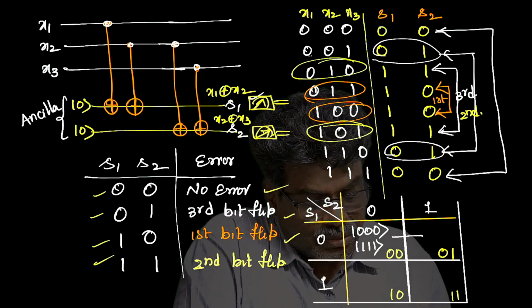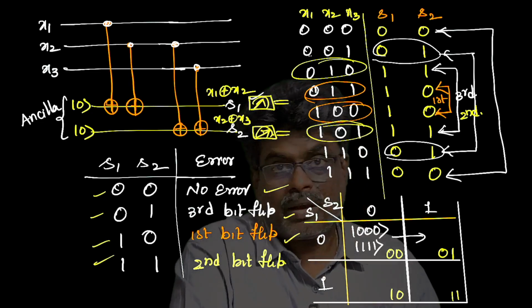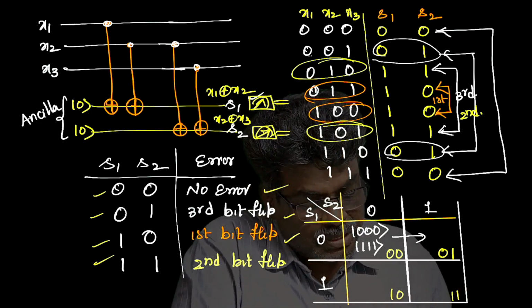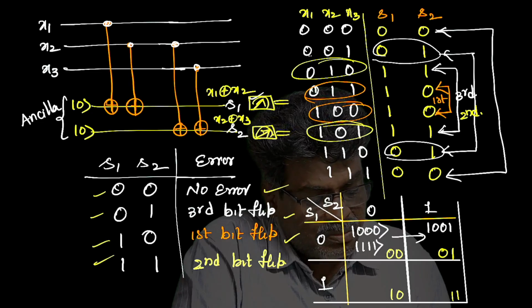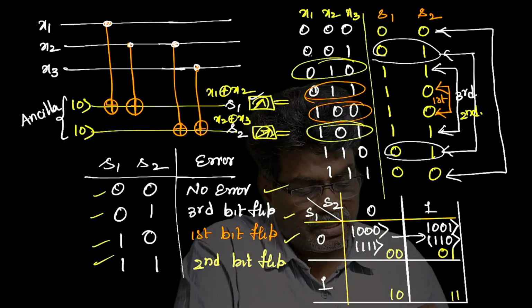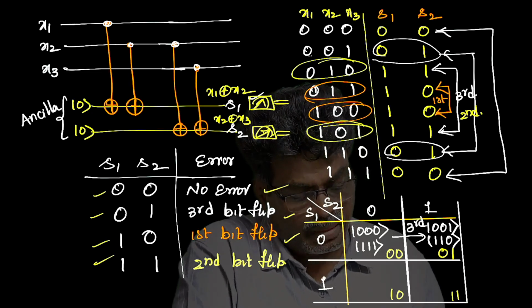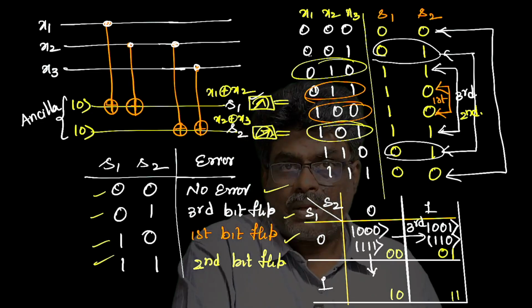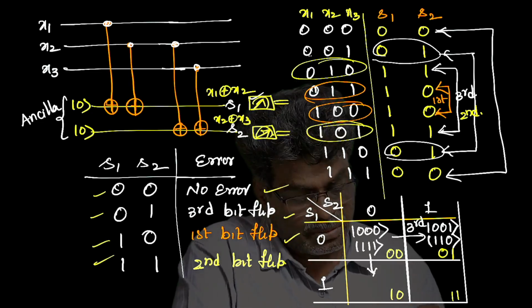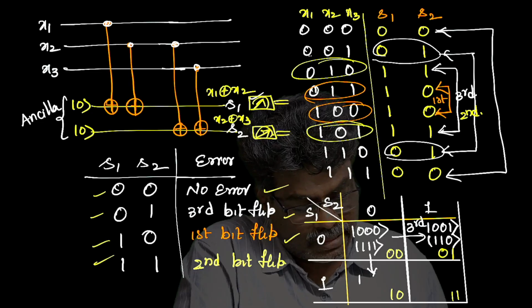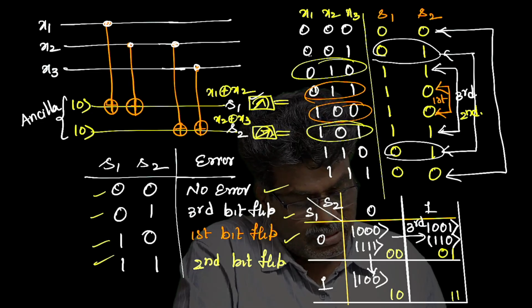Okay, so because of this 0 1, we have third bit flip error. So that's why we can write it as 0 0 1, and here it is 1 1 0. So that means this is the third bit, and here 1 0. So 1 0 means the first qubit flip. That is 1 0 0, and here 0 1 1.